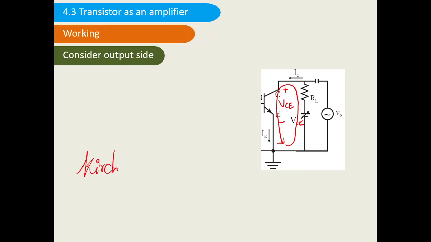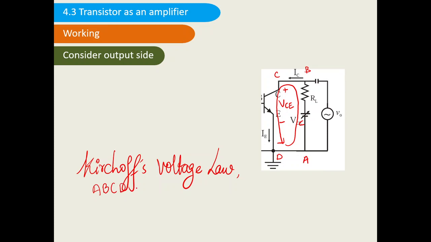Suppose the loop is named A, B, C, D, A. First is the AB branch. So we'll look at the AB branch. In this AB branch, we are moving towards the positive terminal of the battery.